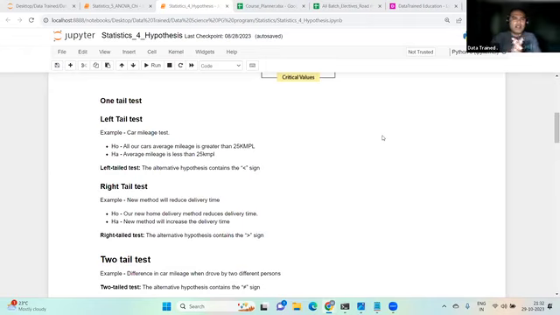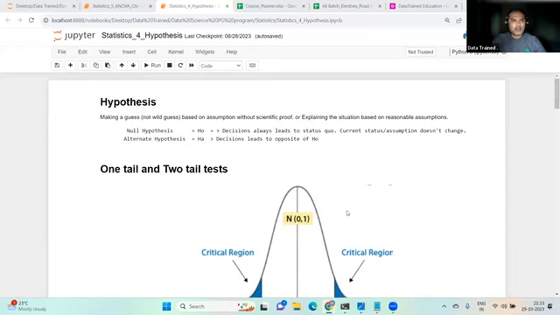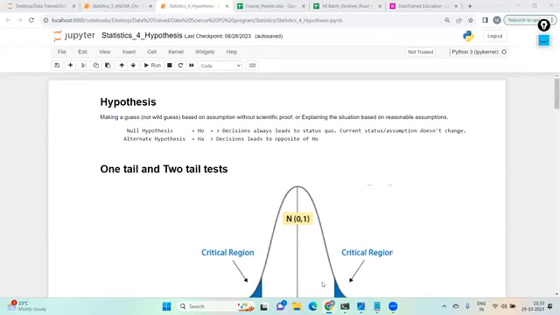So let's get started. In the last session, we started discussing statistics hypothesis. We discussed what is hypothesis.